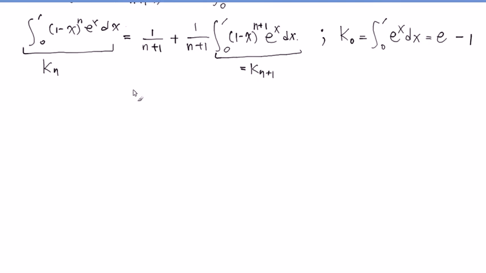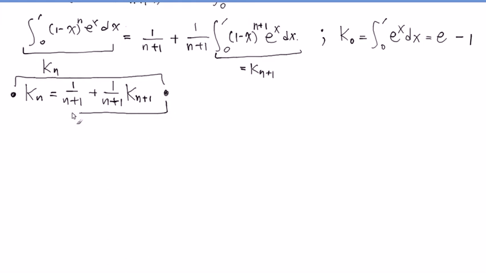All right, so let me write them down clearly. This is a formula: Kn equals 1 over n plus 1, multiplied by the next item, K_{n+1}. That's a recursive formula. That's the rule that will determine infinitely many numbers, starting from right here, e minus 1.